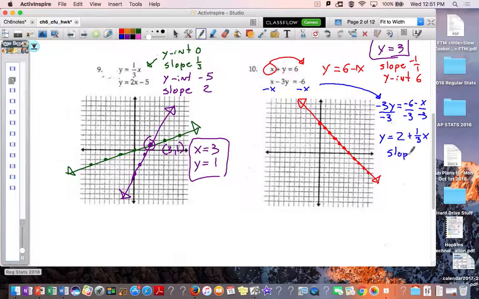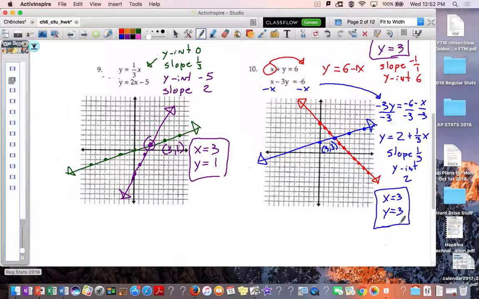So my slope, 1/3, my y-intercept is 2. So starting at 2, up 1 to the right, look at that, 3, right on that point. So that is looking like it's at 3, 3. X equals 3, y equals 3.